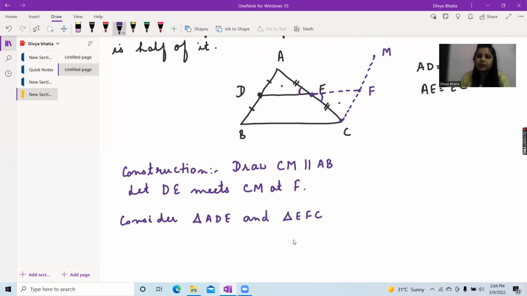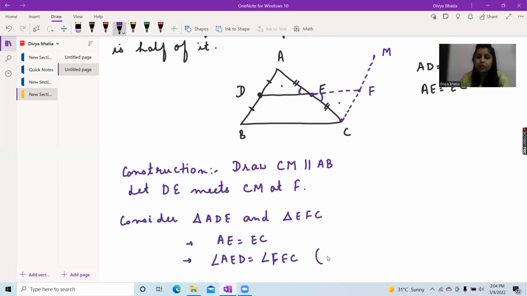I am trying to prove that these two triangles are congruent. Now let's see what I have. So AE is equal to EC, right? By hypothesis. Then angle AED is equal to angle EFC.